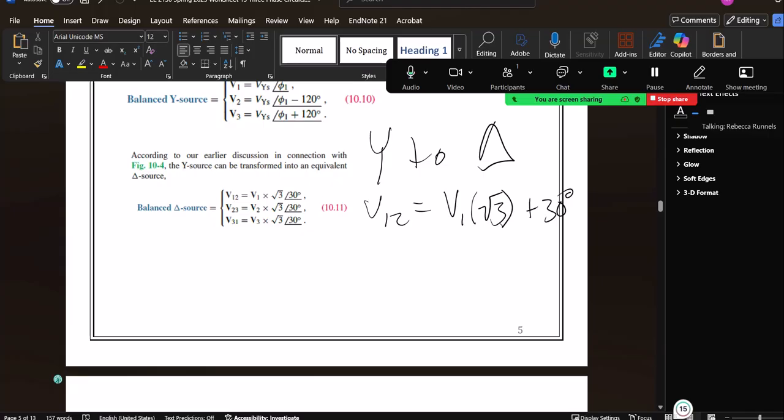So, for instance, if my Y was magnitude 100 and angle 45 degrees, so let's say this was V1, then, and I'm in positive sequence and it's balanced, what would V2 be?